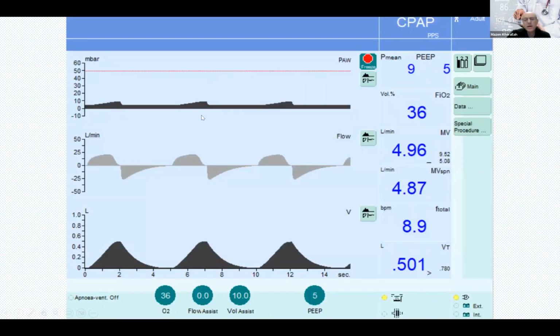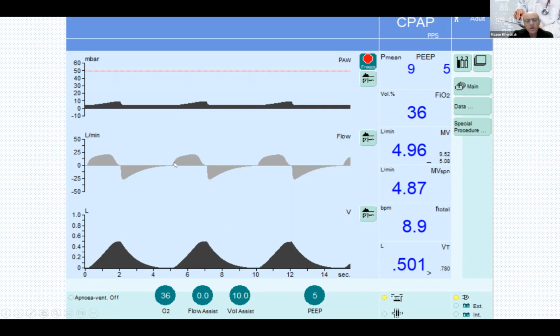So what you see here, I have set the ventilator on flow assist of 0 and volume assist of 10. Of course, the PEEP is 5, and we have FiO2 here of 36%. So you can see that the pressure goes up gradually with increasing volume into the chest, and it's amplified with the factor of 10.